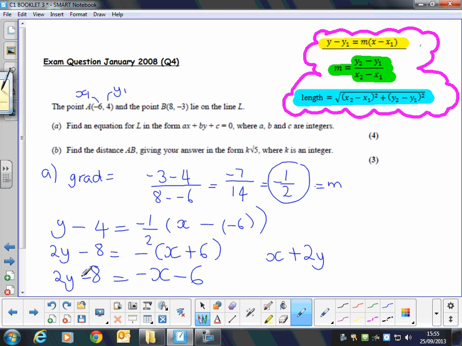So I've got minus 8, add 6, which is minus 2, and then I'm just left with 0 on the other side. So this is the equation for L. I've got it in the form that the question requires, ax plus by plus c. I've got x plus 2y minus 2, so my a is 1, my b is 2, and my c is minus 2.